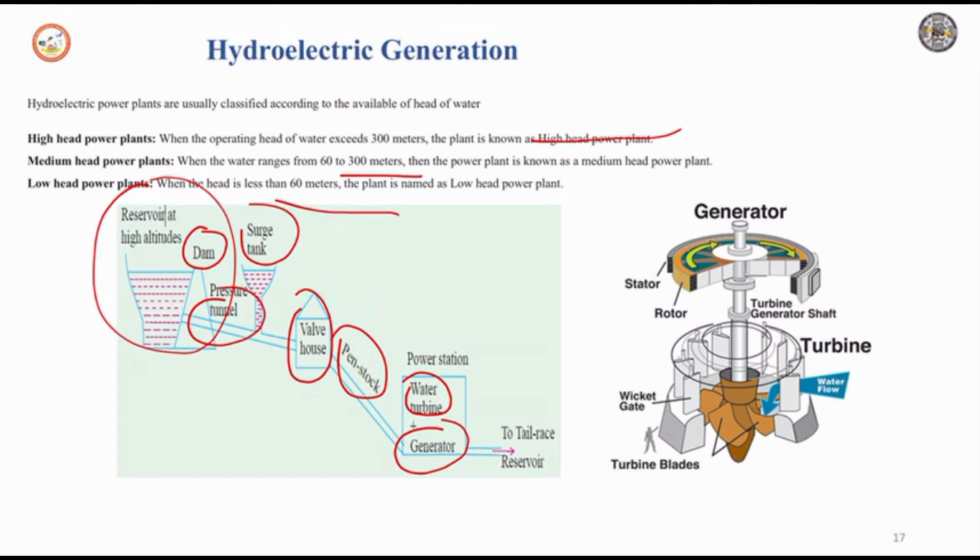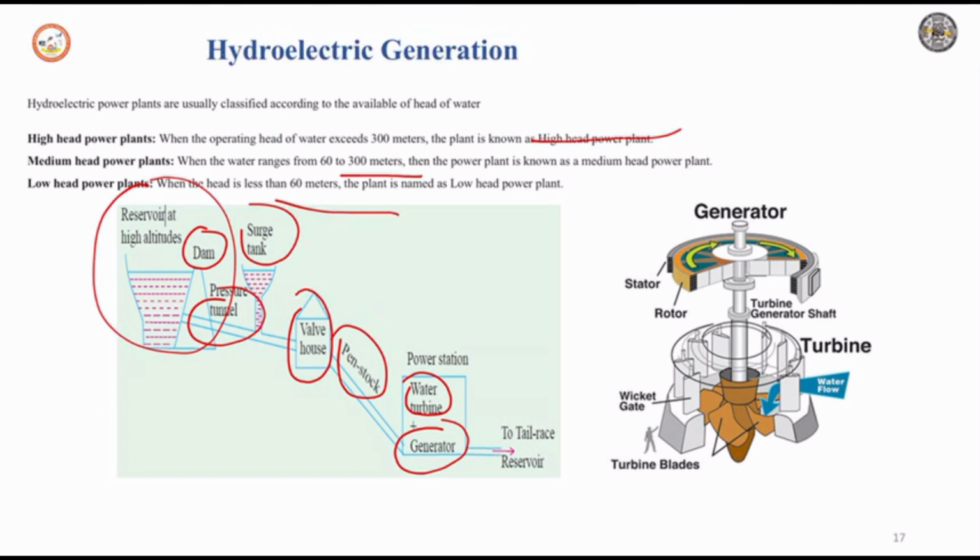Why is the dam required? It contains the river water, so it forms the reservoir where the water energy is stored as stored energy. When the gates of the dam are opened, the water flows through the tunnels, and using the valves we can control the flow of water.